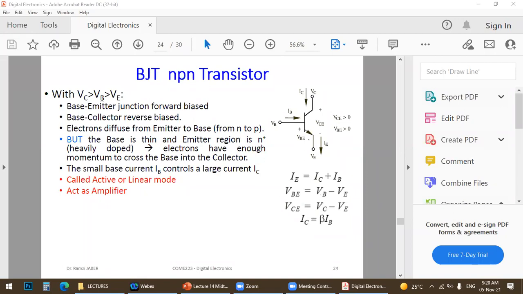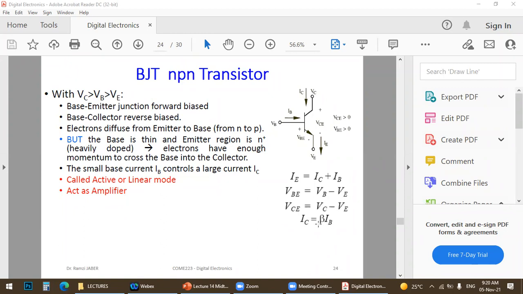But if these conditions are met, VC bigger than VB and VB bigger than VE, then this is called the active region. This is the active or linear mode, acting as an amplifier. If the transistor acts as an amplifier, then we have this formula: IC equals beta times IB.